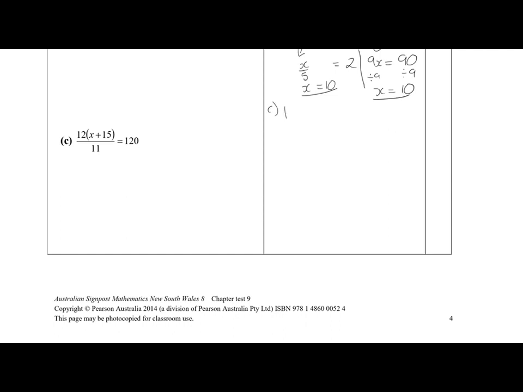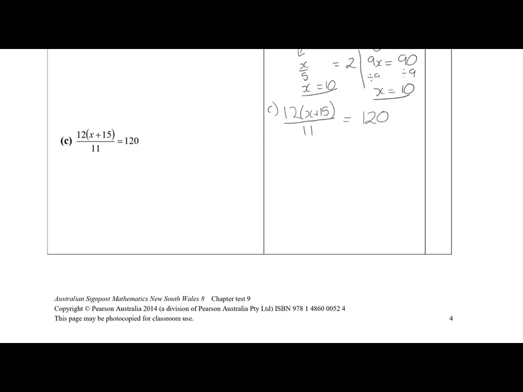It is really, if we sort of set it up perhaps from over here, a number plus 15, then multiplied by 12, then divided by 11 is equal to 120.